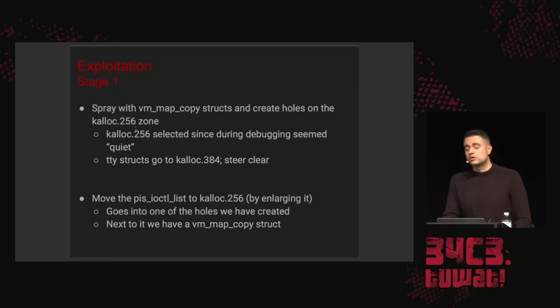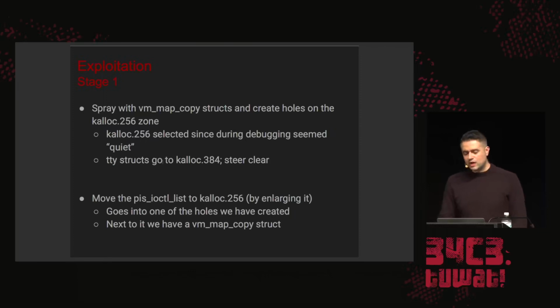That's good, because it means that you as an exploiter can have much better control over the kernel heap if there aren't other things placing allocations on the zone you work. So I decided to use the calloc 256 zone.